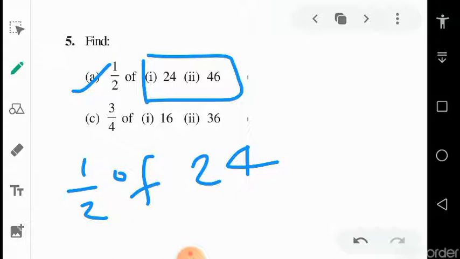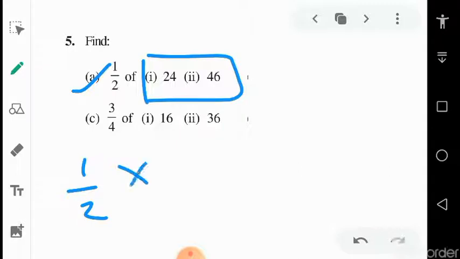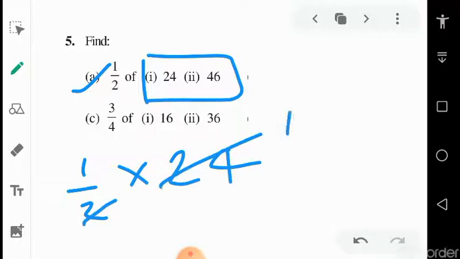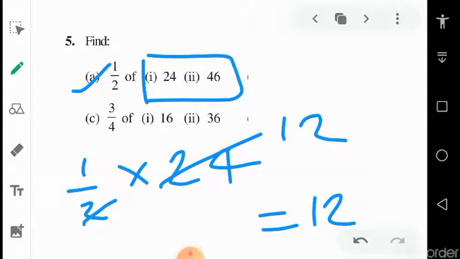Now as I told you, of is converted into multiply. So we write multiplication here, and 24. As you know, if we cut them we get 12. So the answer is 12. Okay, in this way you will write 12. This is the right process to solve this question.